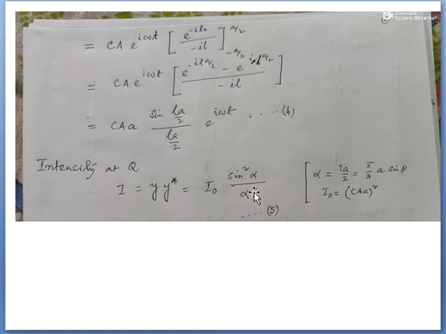So I0 sine square alpha by alpha square, where alpha represents La by 2, so this alpha depends on the angle theta, and intensity I0 will be C A capital A into small a square. Okay, so intensity depends on sine square alpha by alpha square, and when the intensity is going to be maximum, then this quantity sine square alpha by alpha square should be maximum.